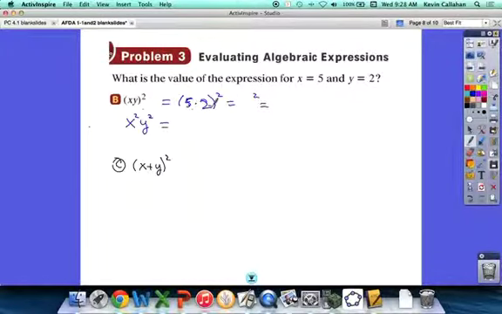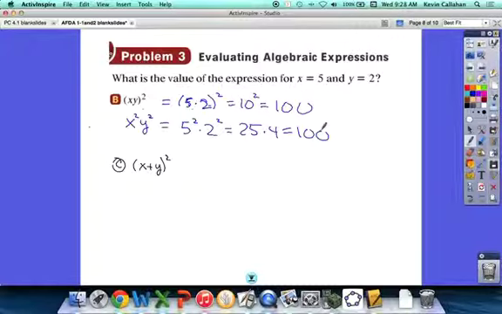So you got to catch me from making stupid mistakes, which is 100. So this thing now becomes 5 squared times 2 squared, which is 25 times 4, which is 100. So the bottom line, it doesn't matter which way you do it. You could have thought of it like x squared, y squared.